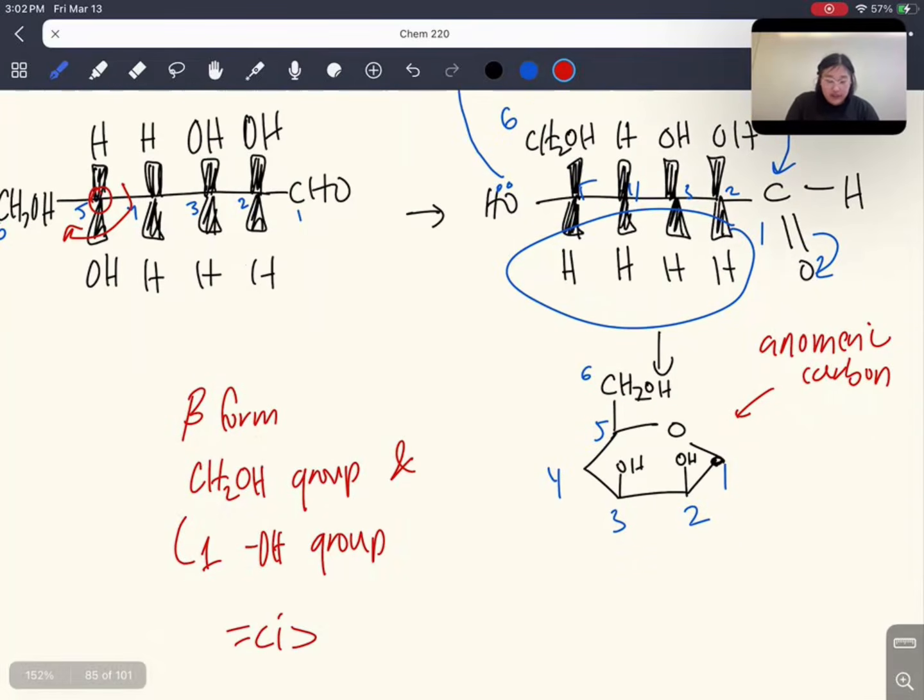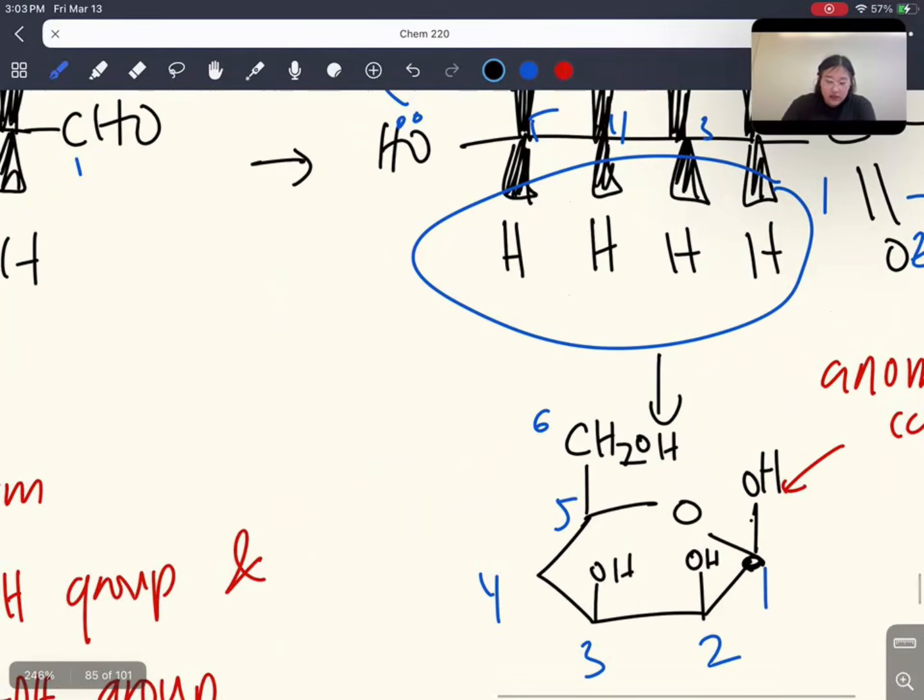That means that it's the beta form. If they were trans to each other, that would make it the alpha form. And so because the question asks us to draw the beta form of this molecule and our CH2OH group is pointing up, that means that our carbon number 1, our anomeric carbon, is going to have an OH group pointing up. And I also skipped the step here where there's a proton transfer.